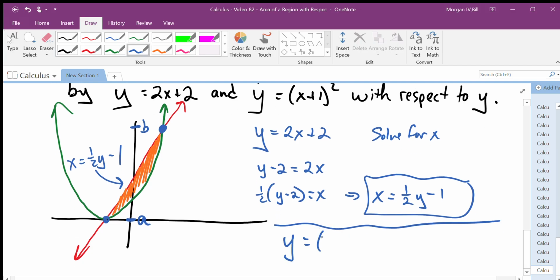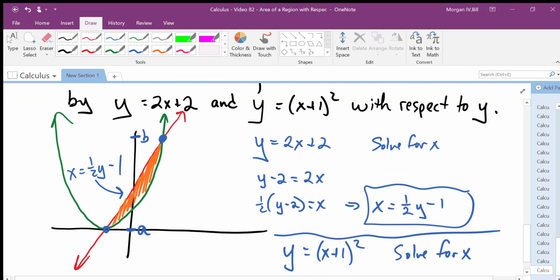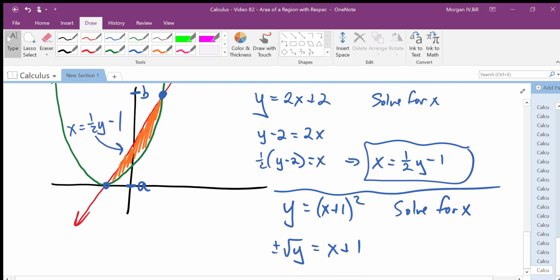y equals x plus 1 squared. Solve for x. I'm going to start by square rooting both sides, and I get plus or minus the square root of y is equal to x plus 1. Now, we have plus or minus the square root of y.